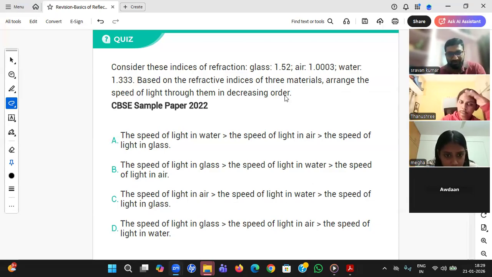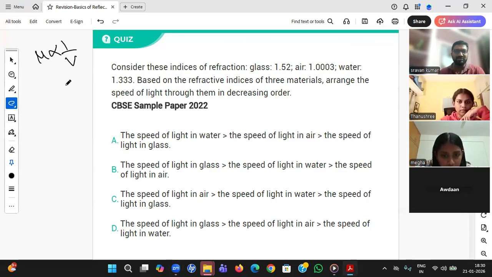Tanish, no, all are giving answers. So Narendran is right, Harshini is right, Megha is also wrong. Only 2 students are right. Please check the answer again. So mu of glass, mu of air, mu of water is given. Based on the refractive index, arrange the speed of light. You know the relation between speed of light and refractive index. Whose mu is more, the speed is less. So whose mu is more?